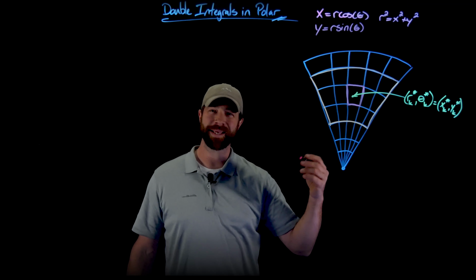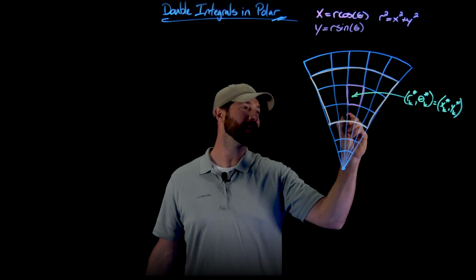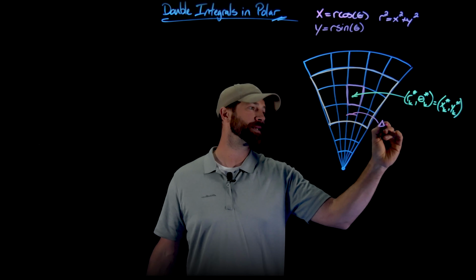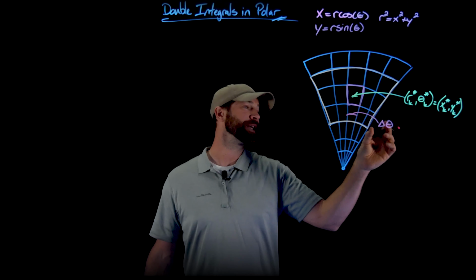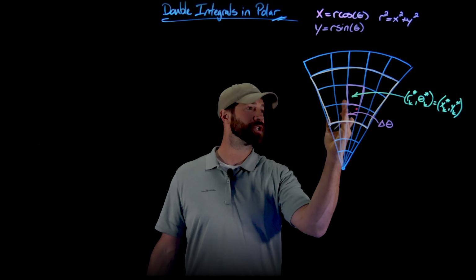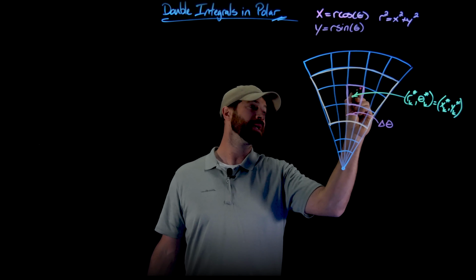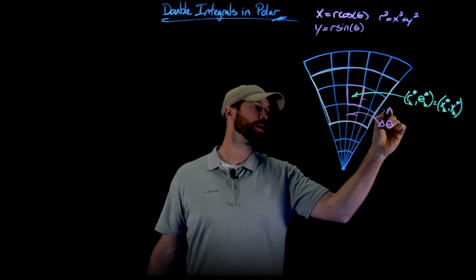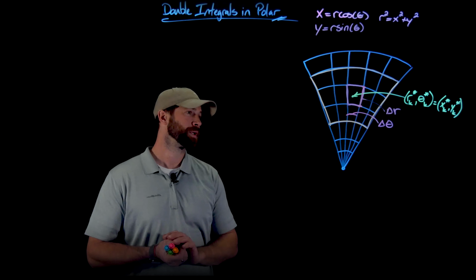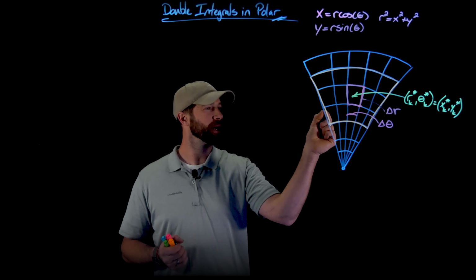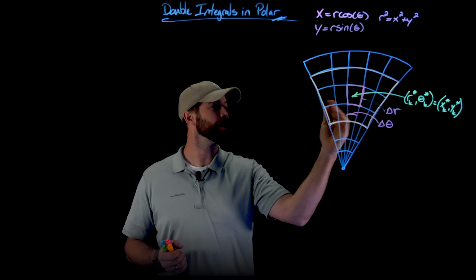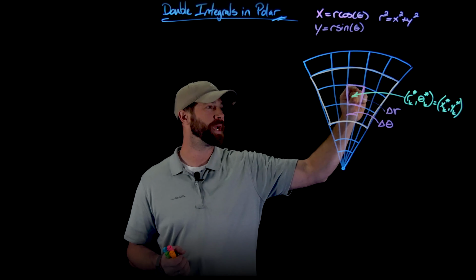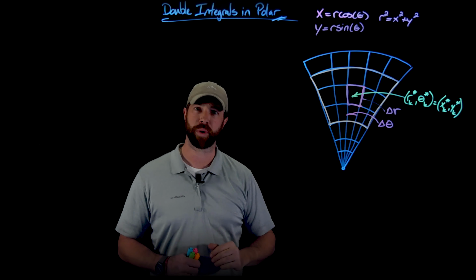And also, when we think about our deltas, this swing between these right here is the delta theta, or the change in our angle between each of these. And this right here, which is this length from here to here, that would be our delta r. So we get the area of the subsection by a small change in theta over whatever region we're describing, and then this small change in the radius, which is this distance from the pole.